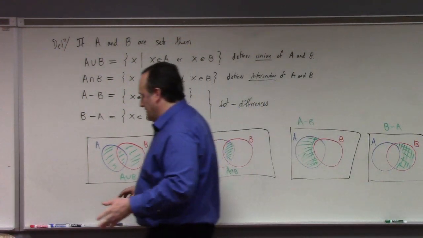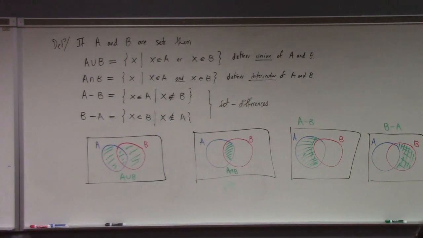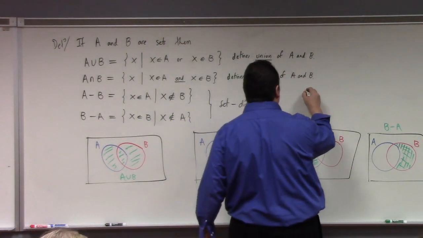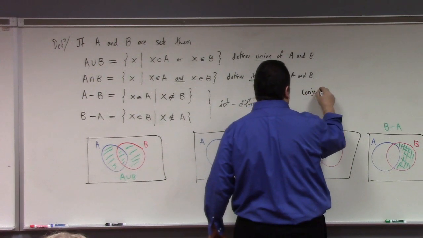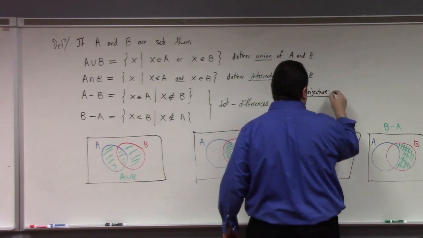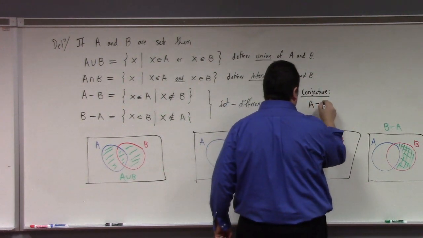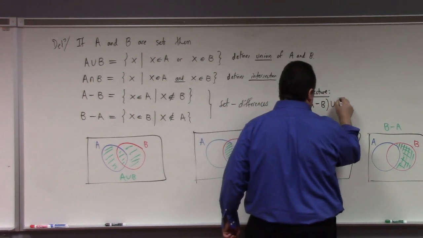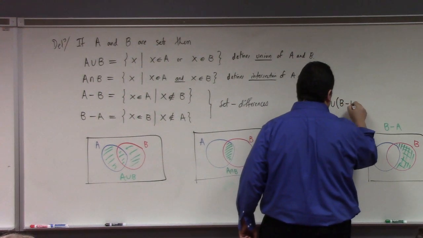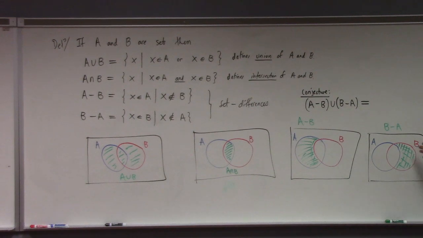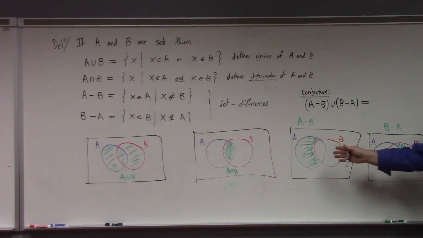We've got all these pictures up here. Can you guys use these pictures to make one last quick conjecture before we end class? A mathematically educated guess. How about this: if I take A minus B unioned with B minus A, what do you think that would be equal to?